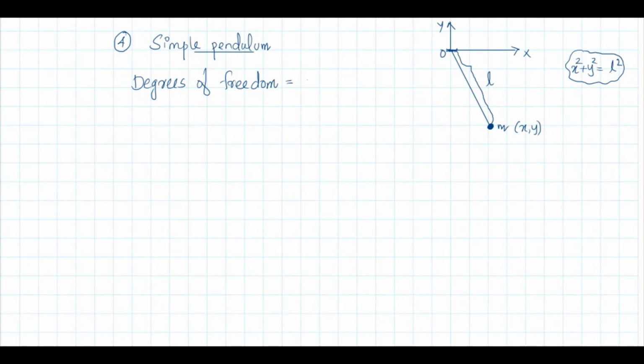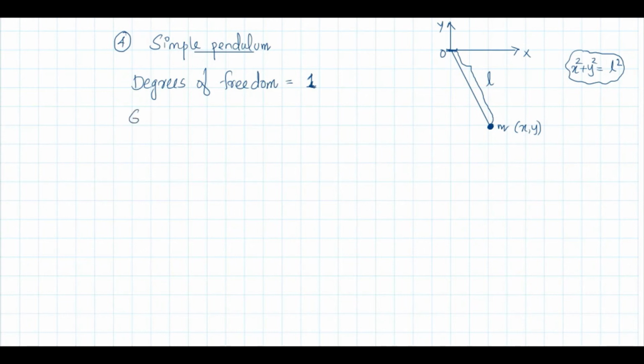Since the particle is moving in a plane, it is having 2 degrees, but it is restricted by a holonomic constraint. So 2 minus 1, that will be 1. Okay, degree of freedom of the system will be 1 because there is a constraint. Even though the motion is in a plane, we have a constraint in the form x square plus y square is equal to L square. So the number of degrees of freedom is just 1.